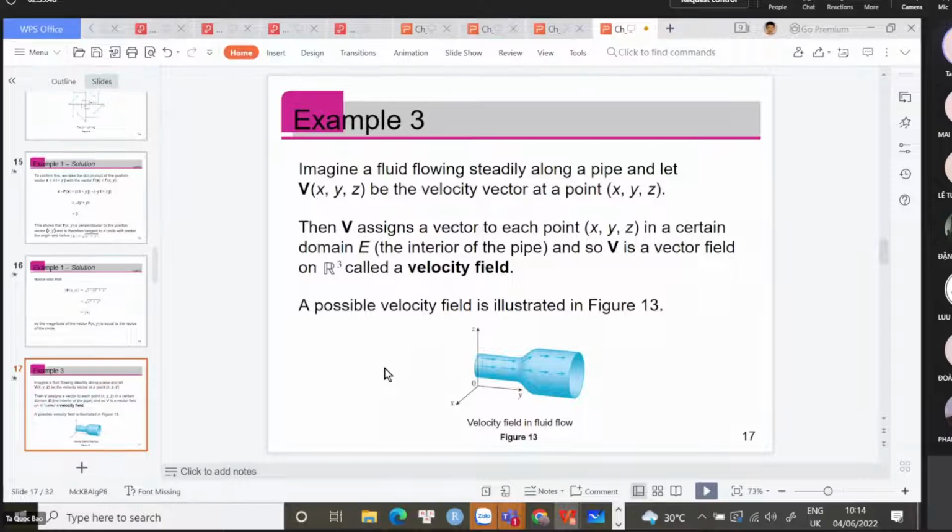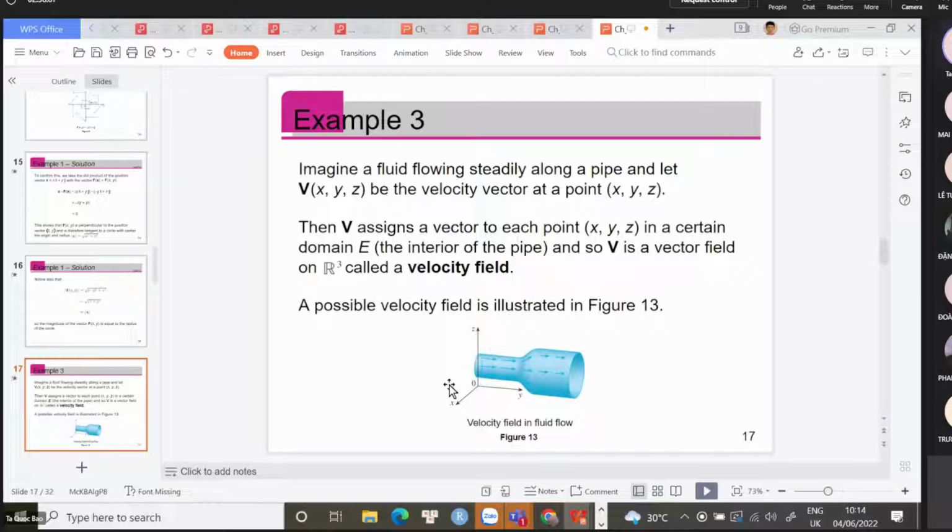Okay, so now in this example, imagine the fluid flowing steadily along a pipe, and now denote by v(x, y, z) the velocity vector at the point (x, y, z).